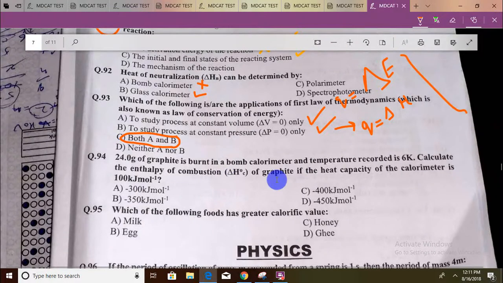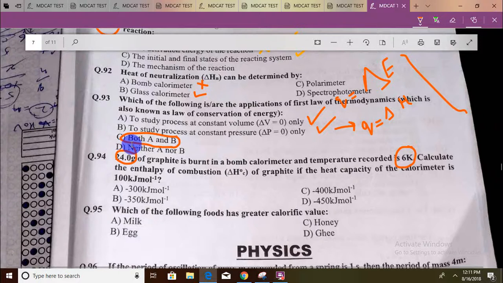Graphite is burned in a bomb calorimeter. The temperature recorded is 6 Kelvin. Calculate the enthalpy of combustion if the heat capacity of the calorimeter is 100 kilojoules per mole. This is also, in my opinion, really interesting. The heat capacity. We have this formula m into s into delta T, and this is equal to Q. So mass is 24 gram.